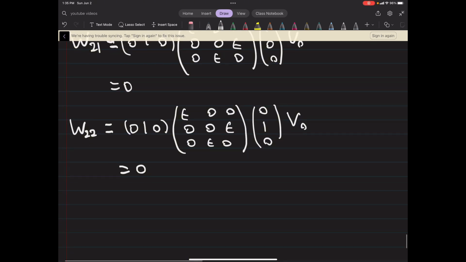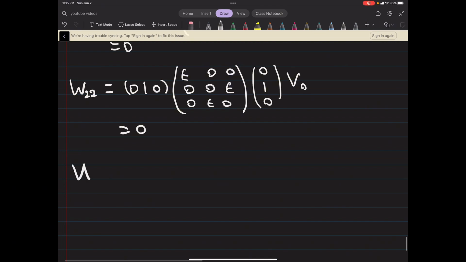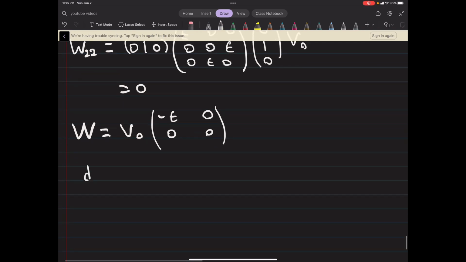Okay, so now we've constructed our W matrix, and that's going to be minus epsilon V naught, 0, 0, 0. And you could, if you wanted to, solve the eigenvalue problem. The determinant of W minus lambda I, set it equal to 0.